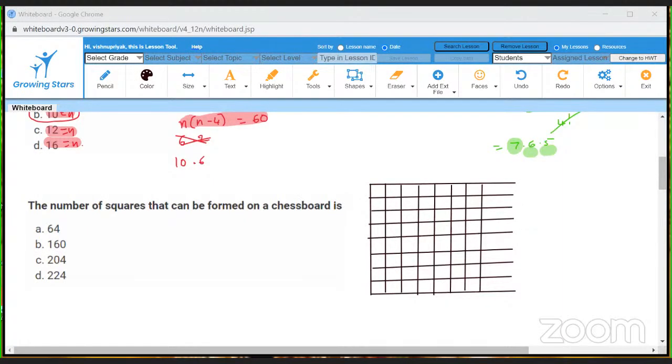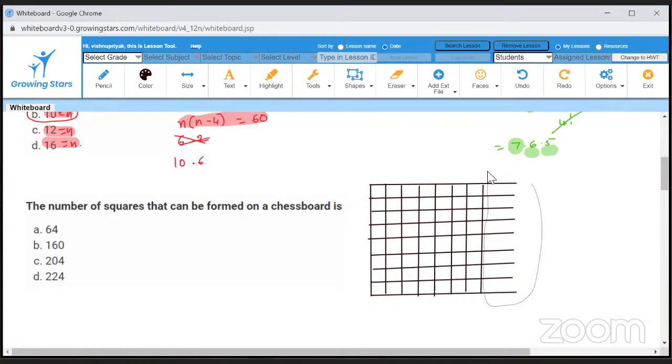So total how many squares are there? How many rows are there? How many columns are there? Till now I have drawn 8 and 8.